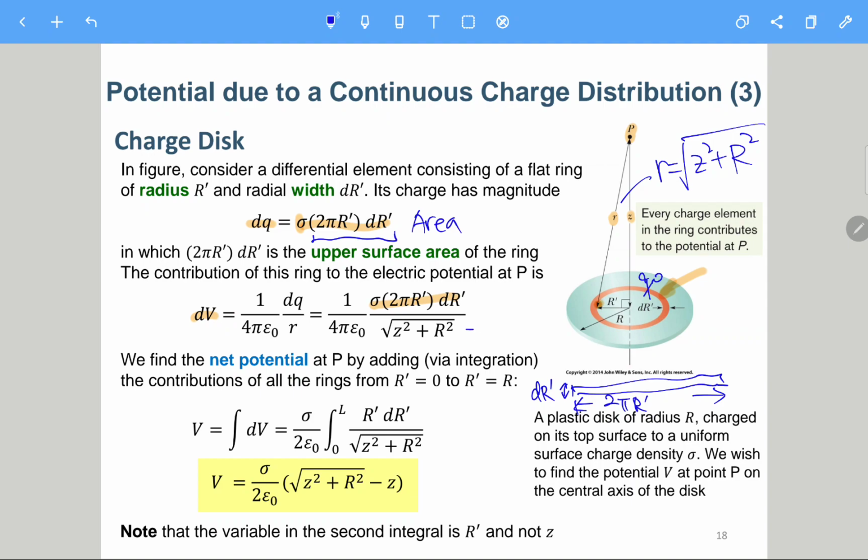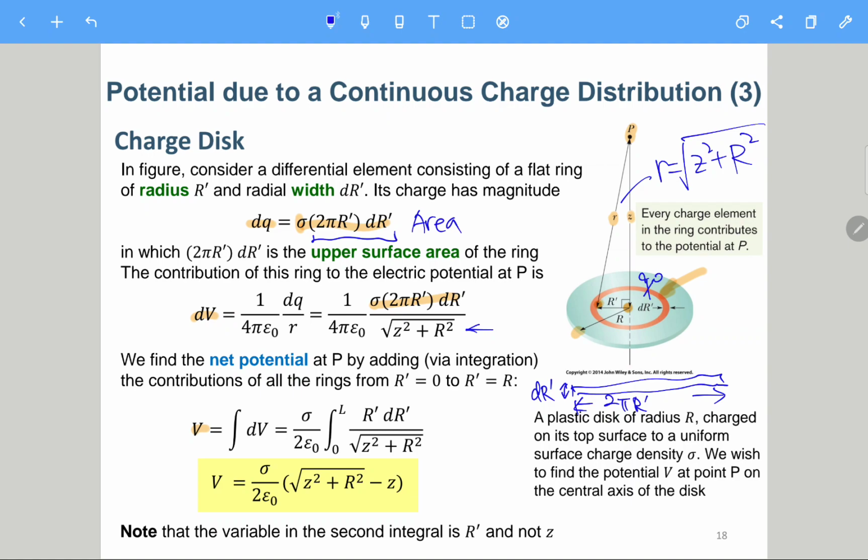So similarly, we calculate V by integrating dV from 0 to capital R, because R prime from 0 to capital R will cover the whole disk.